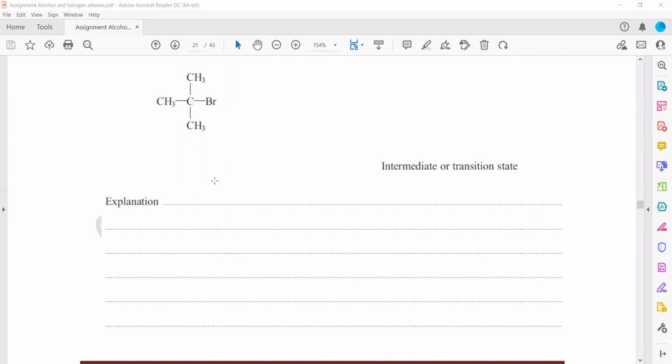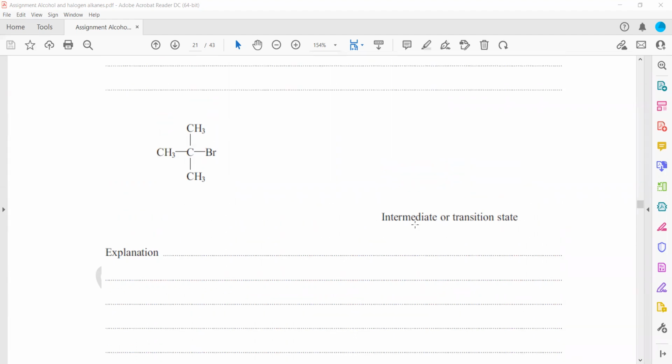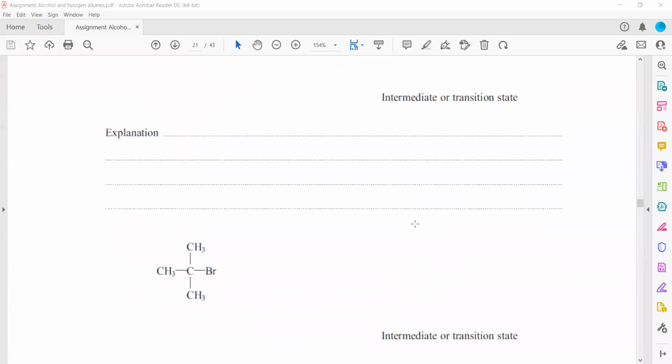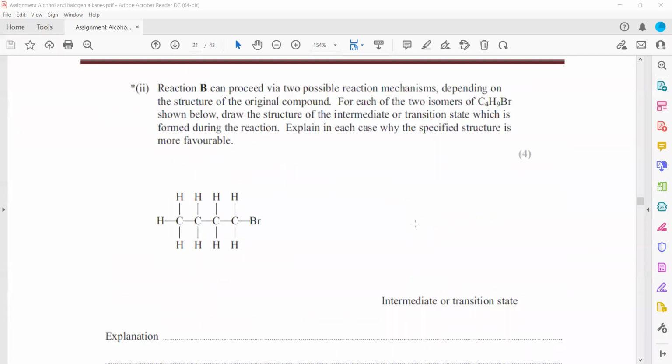That's why it is more stable. Or you can also mention that due to steric hindrance, the attacking nucleophile does not find space to attack on the carbon. That's why first the bond will break and then the bond will form. Is it clear? The difference between the two mechanisms?